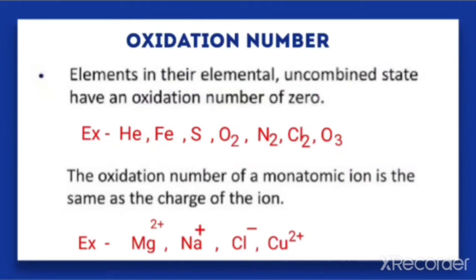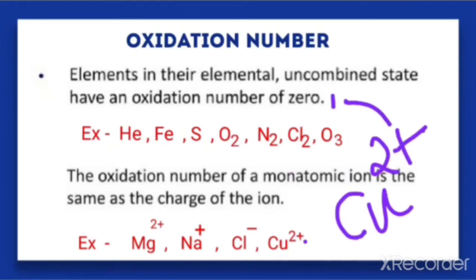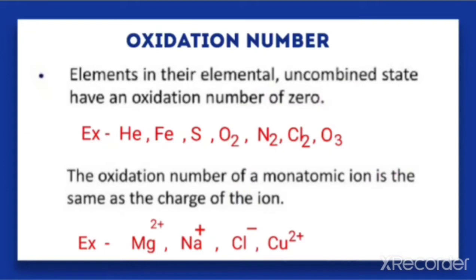Similarly, in the case of the chloride ion, there is one negative charge, so the oxidation number is minus 1. For the copper ion having two positive charges, the oxidation number is equal to its charge, that is plus 2. So the oxidation number for a monoatomic ion is the same as the charge present on that ion.